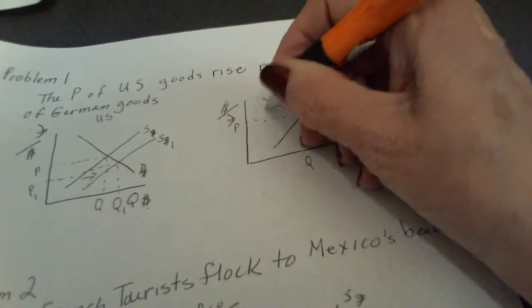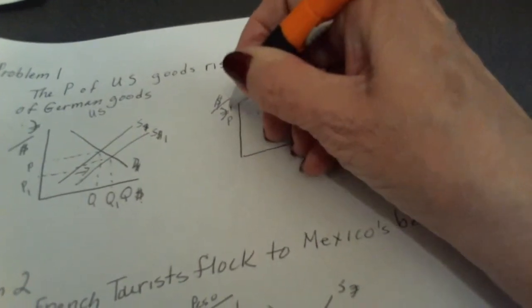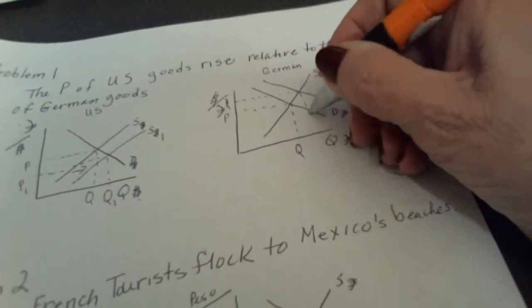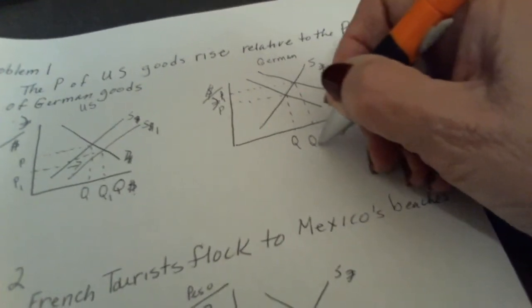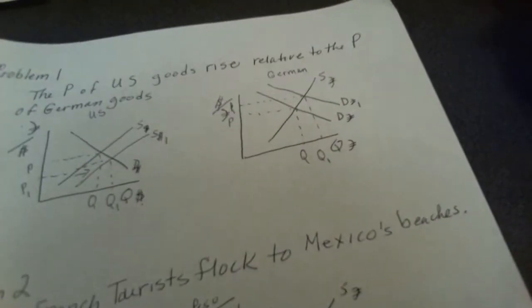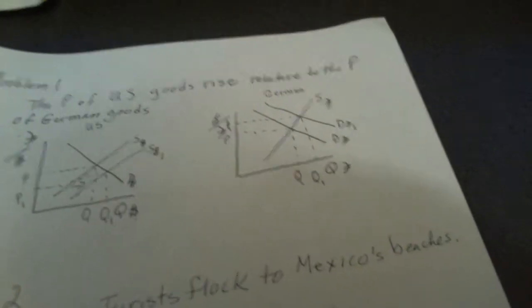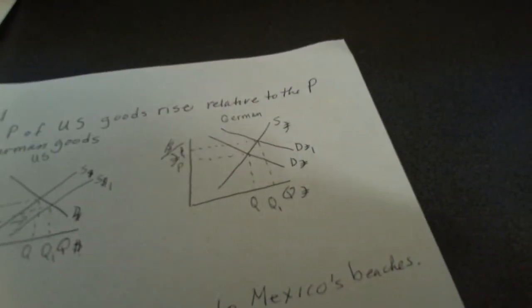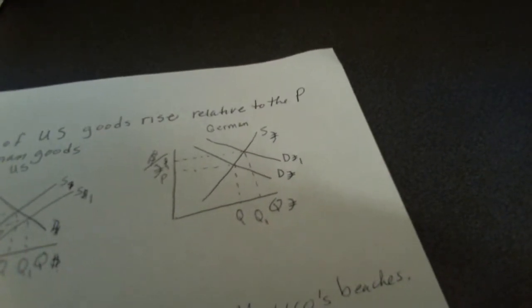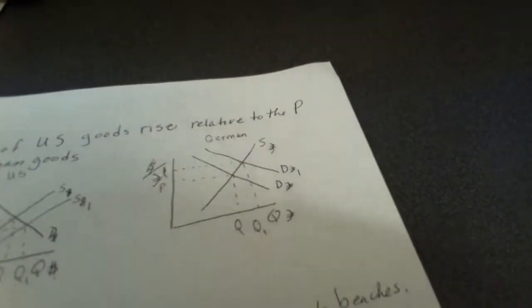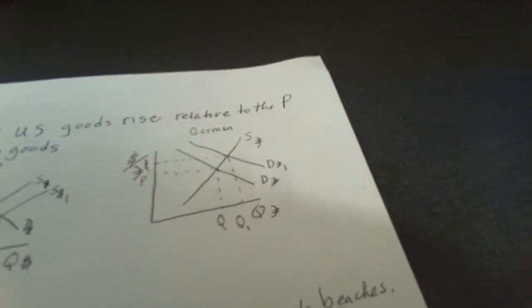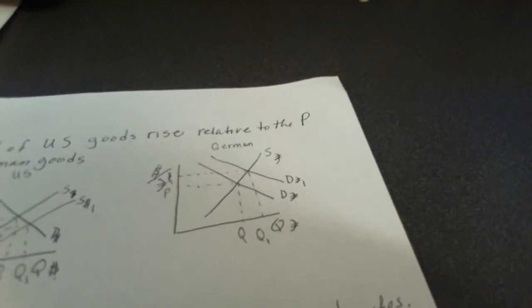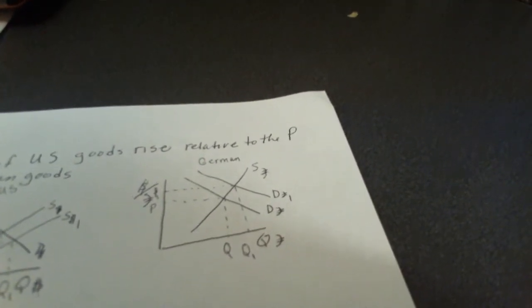After the increase in demand, we have an increase in price and an increase in quantity. So, Germans see the euro appreciate while the US dollar depreciated. Okay?